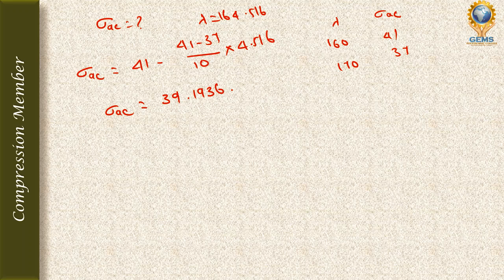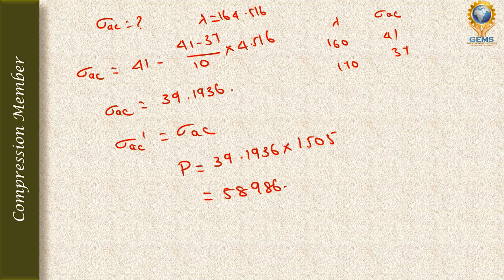Here this is a single angle connected with a double rivet, so our allowable axial compressive stress sigma AC dash is the same as sigma AC. So our load calculation is P equal to 39.1936 into 1505, that is equal to 58986.36 Newton or 58.98 kilonewton.